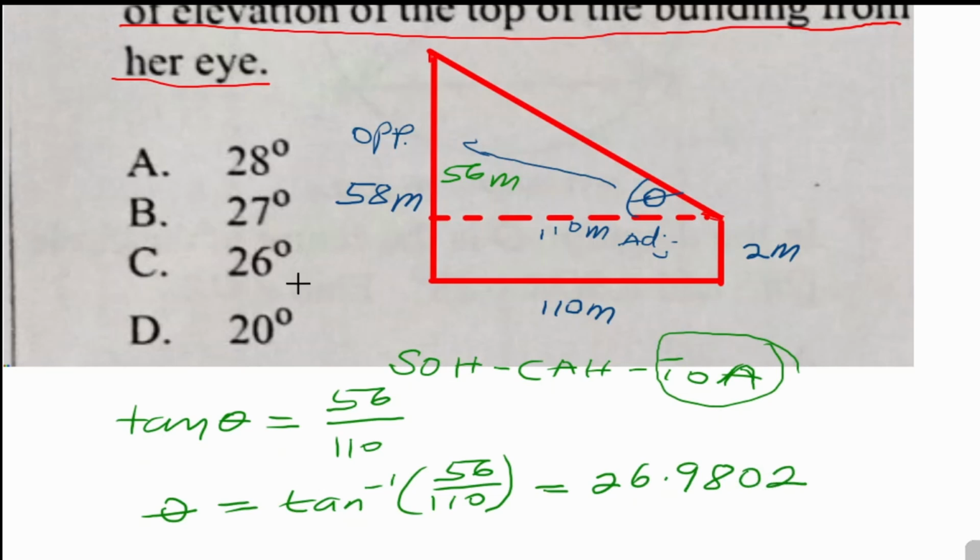By looking at the answers here, it means that these have been rounded to the nearest whole number, so we are ending it on the 6 here. But since the next number is 9, we round it up to make approximately 27 degrees. Therefore, the answer to this question is B, 27 degrees. Let's move on to the next question, which is question 31.